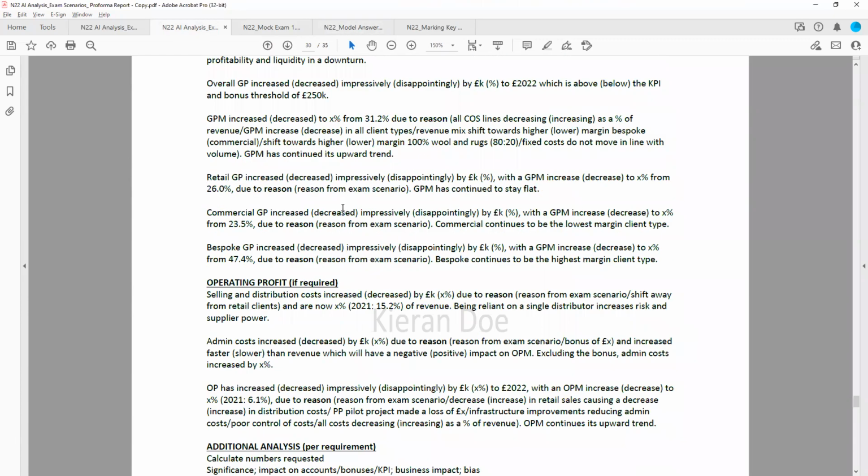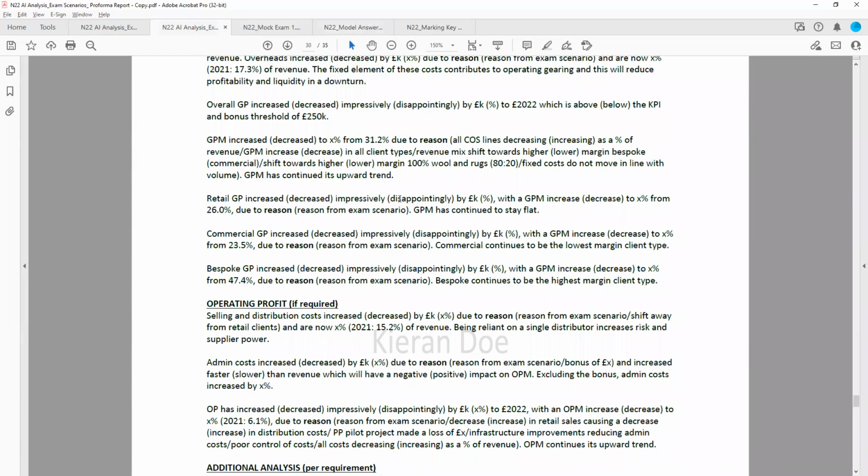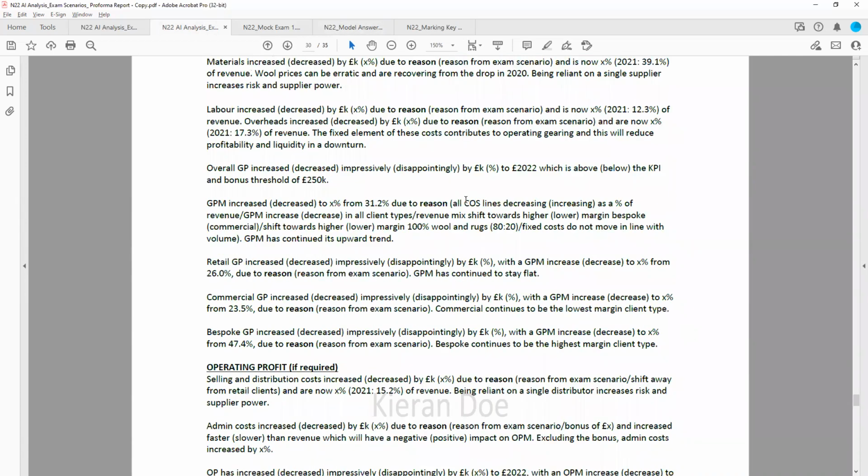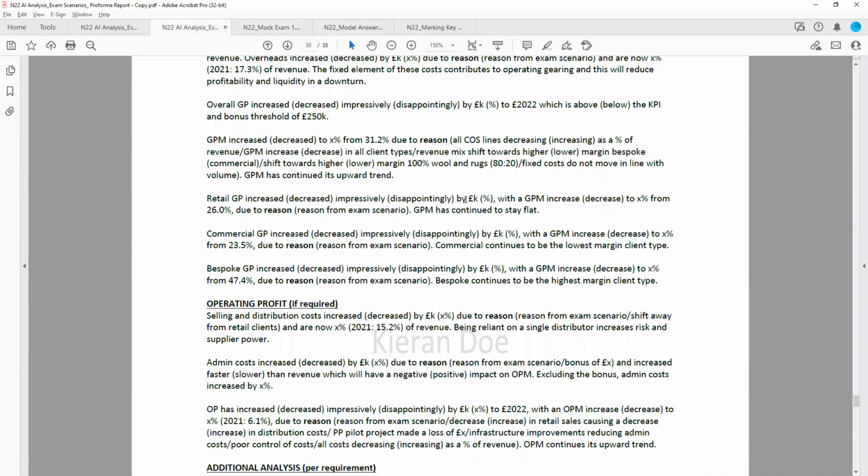So that was another thing that we could have looked at, and we picked up all of these points in our AI analysis. So we went into the exam expecting and looking to do some analysis on the gross profit margin and looking to see how changes in the revenue mix would have impacted that.